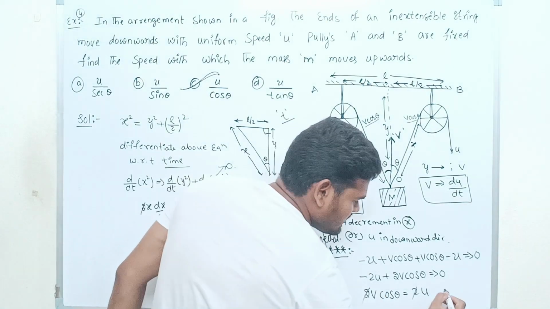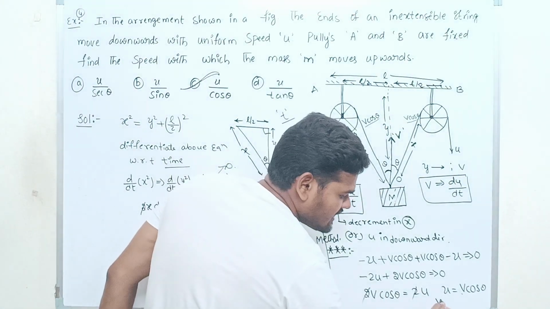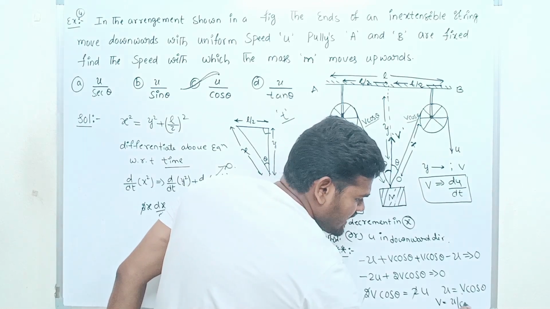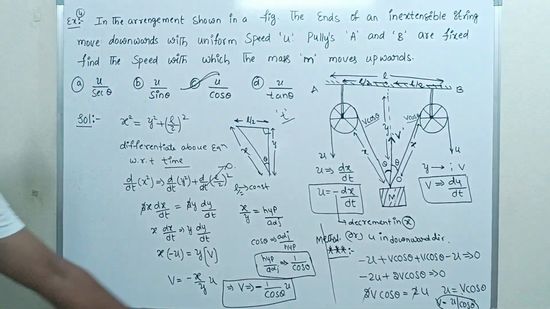The 2 gets cancelled out. Then u is equal to v cos theta. We need the final velocity, so v is equal to u by cos theta.